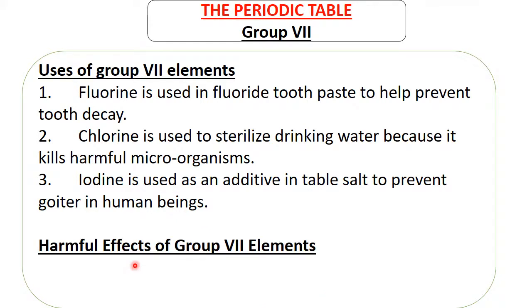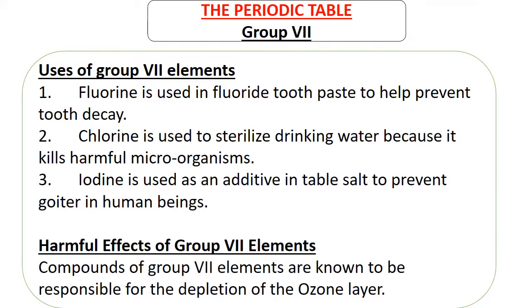So what are some of the harmful effects of group 7 elements? The harmful effect is actually just maybe one. Compounds of group 7 elements are known to be responsible for the depletion of the ozone layer.